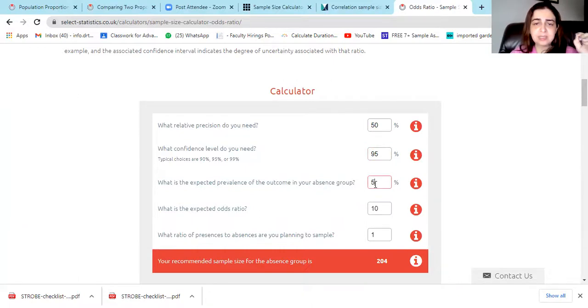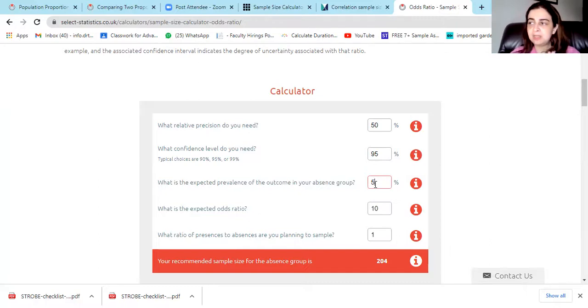And this is the expected prevalence of outcome in your absence group. Over here, when you take the paper which you're taking as a reference for the case control study, you will take the control group and see the proportion of people with the risk factor in the control group, and you put that here. I'll give an example.